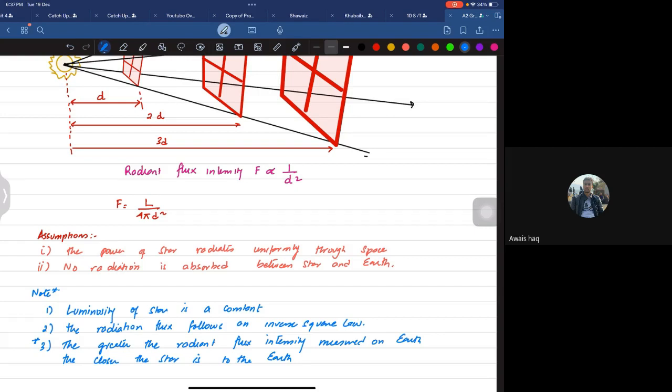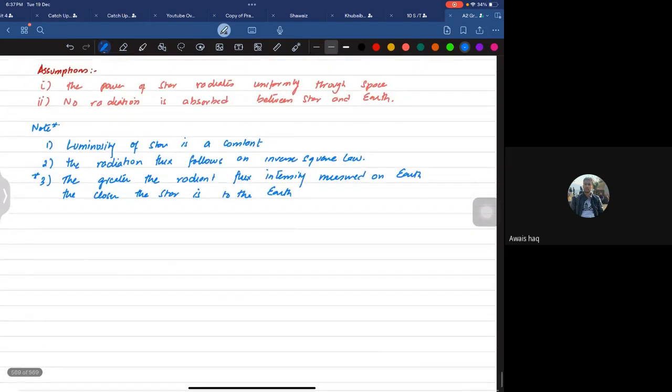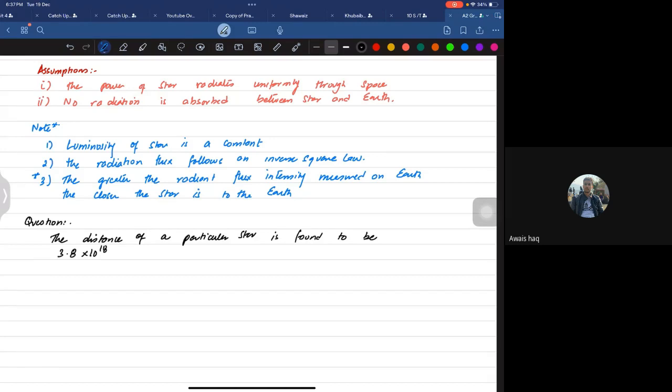Right, kids. Now, let's look at a question and see how to use this formula. In a question, it states that the distance of a particular star is found to be 3.8 into 10 raised to 18 meters.